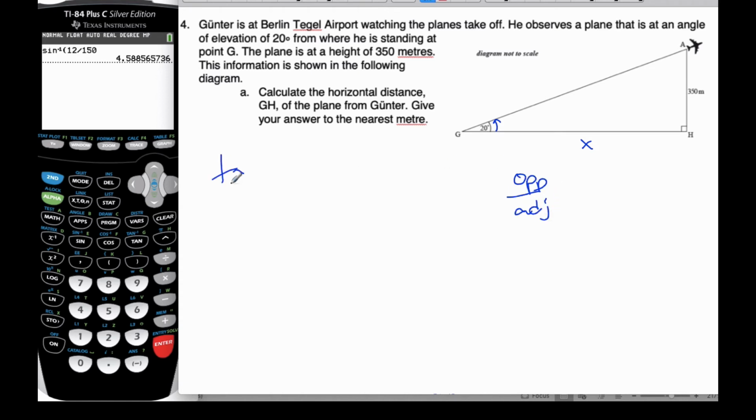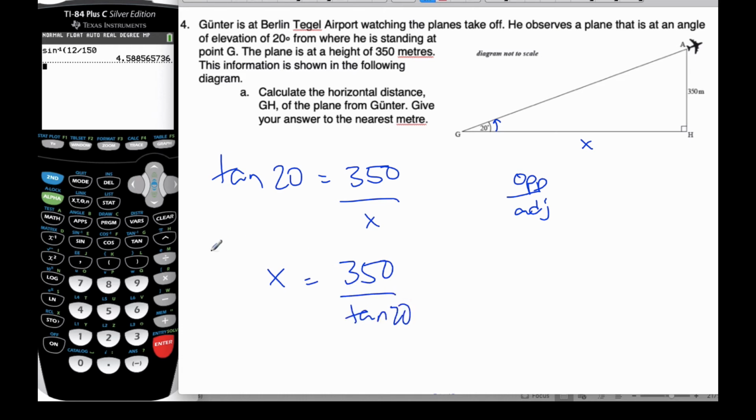So the tangent of 20 is equal to the opposite over the adjacent. With some quick algebra, X will be 350 over the tangent of 20.